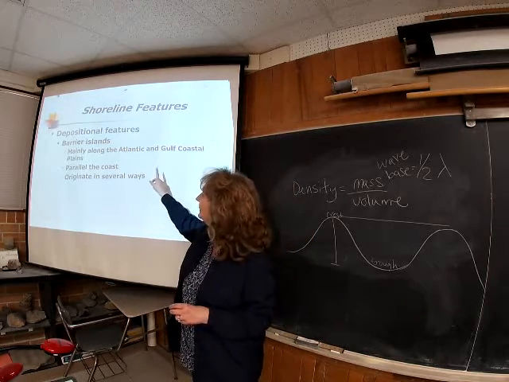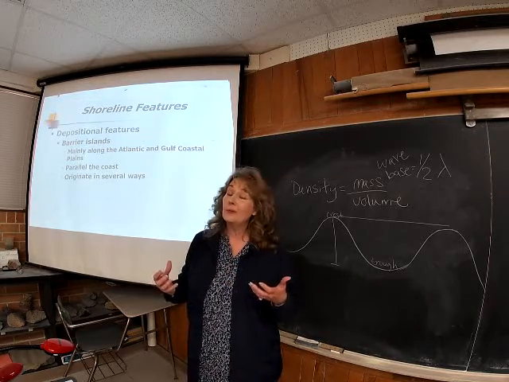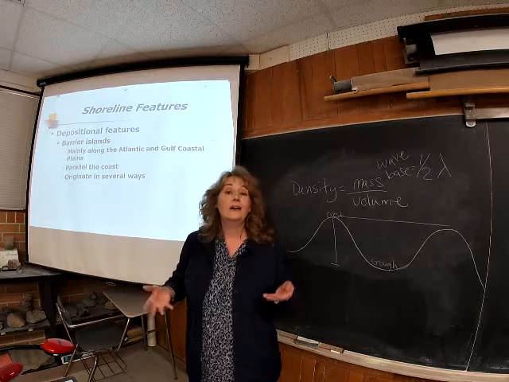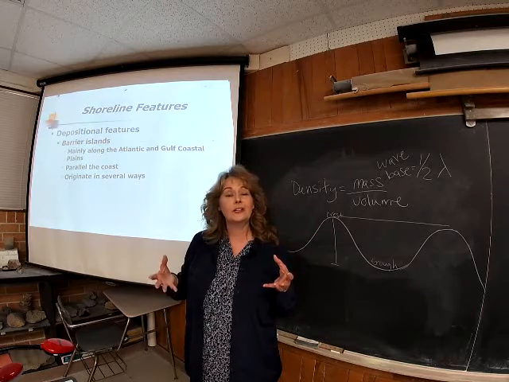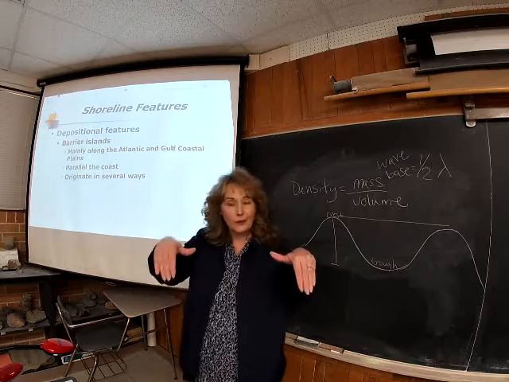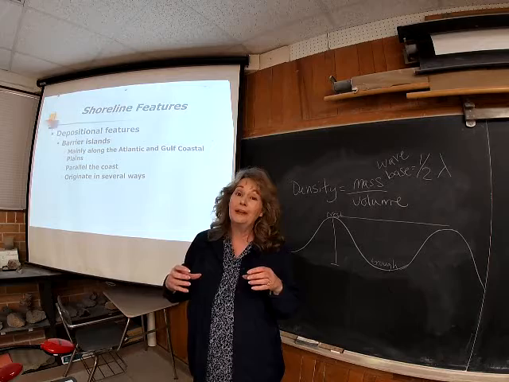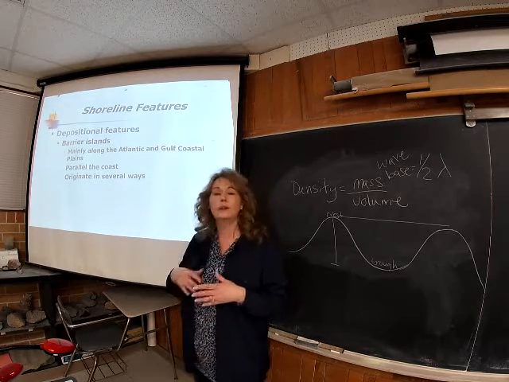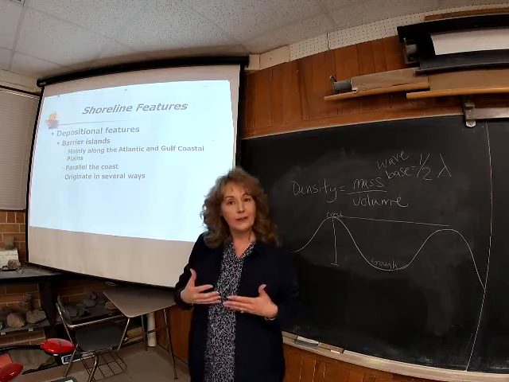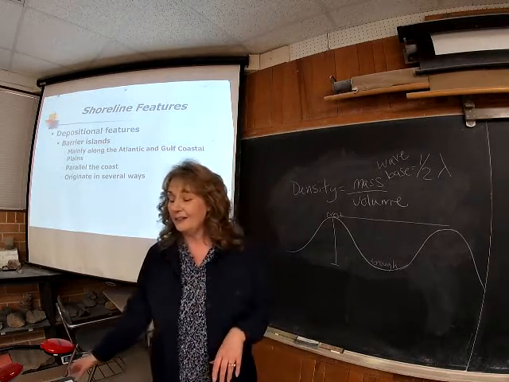And so it kind of built up a ridge of sand where the normal beach was. Well, then when water rose again as the ice began to melt, go back to the ocean, sea level rose, some of that water got trapped behind our original beach, and new sand built up. And so the barrier islands kind of are derived in this manner, kind of ancient sand dunes, if you will.